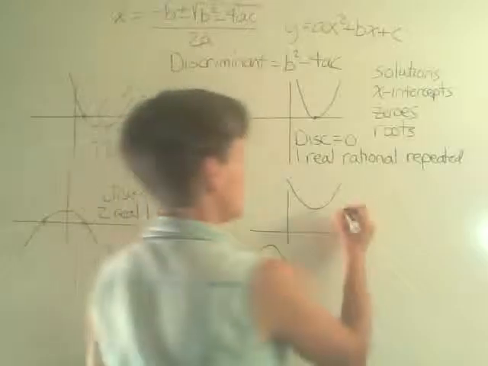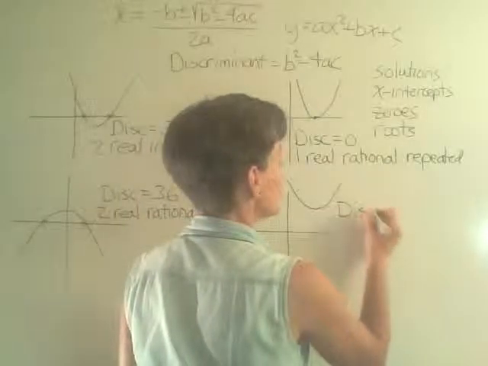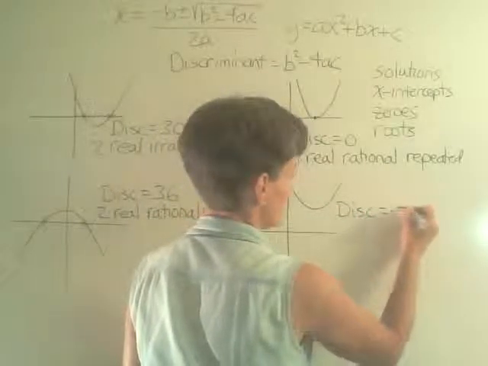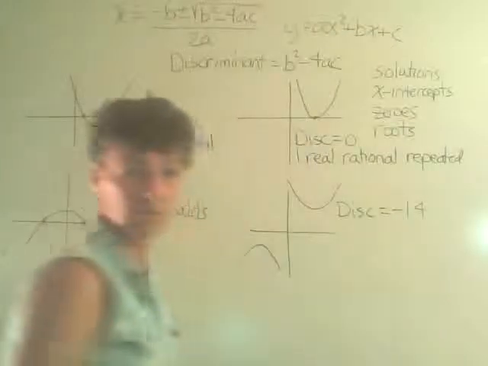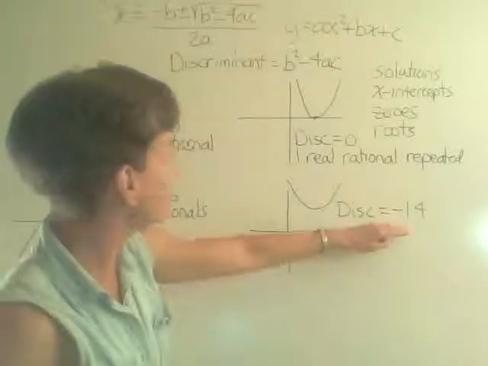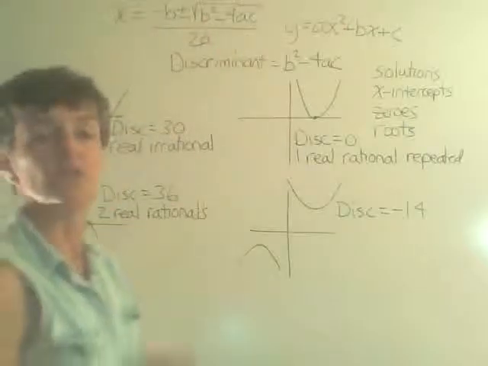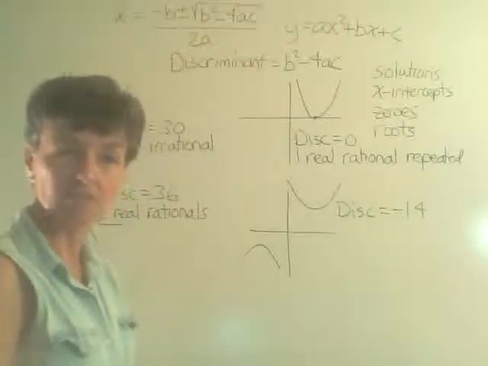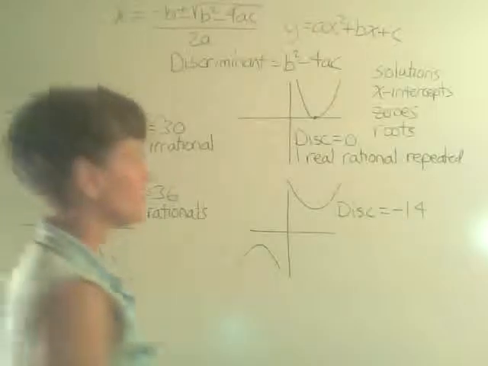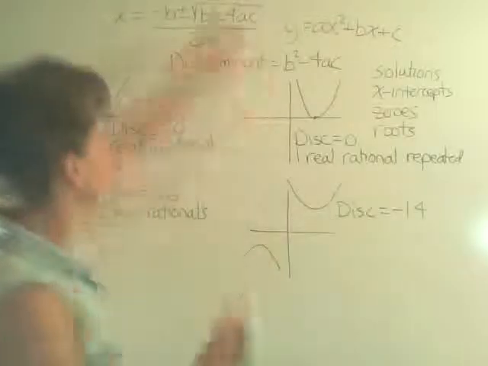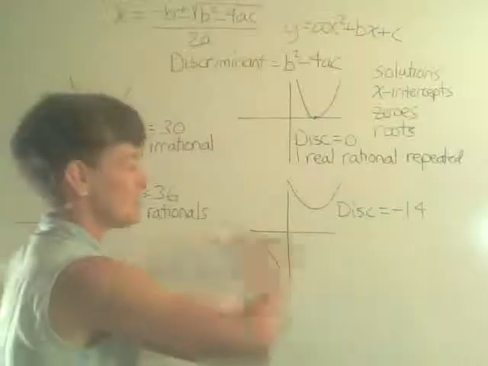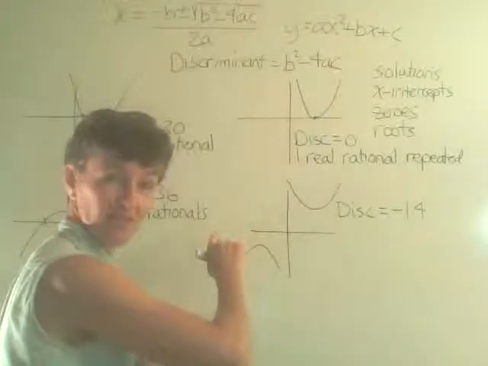All right, well, what else could my discriminant be? Well, my discriminant could be a negative number. Let's say negative 14. If my discriminant is a negative number, then what is under the root sign is a negative number. And of course, when we take the square root of a negative number, we get an imaginary number. Well, there's no such thing as imaginary numbers on a real number line.